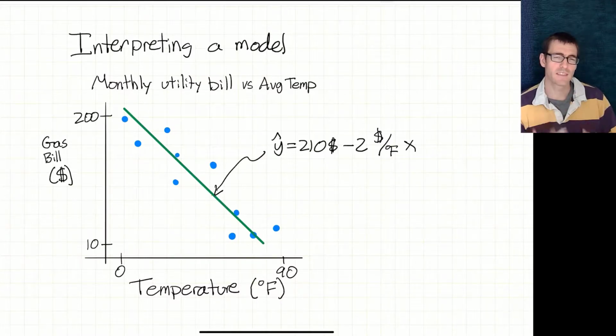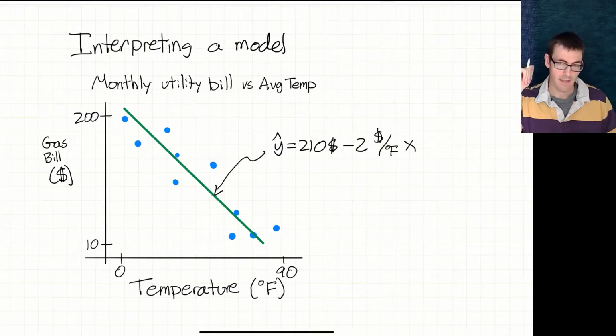So whenever making one of these sort of statements, it's really important that we don't imply that this is a hard and fast rule. We don't think that if it gets 3 degrees warmer, we expect our gas bill to be exactly $6 cheaper.